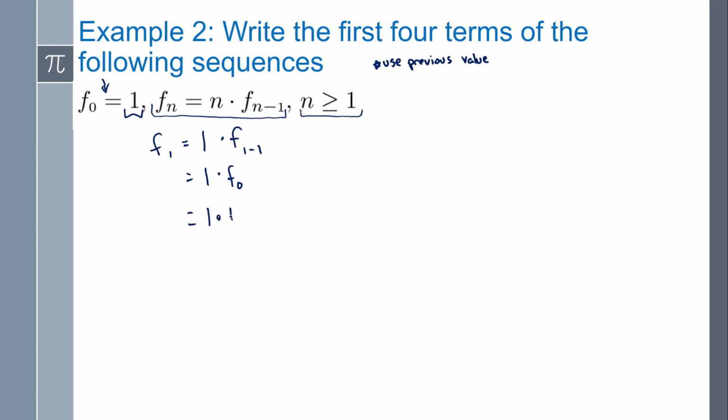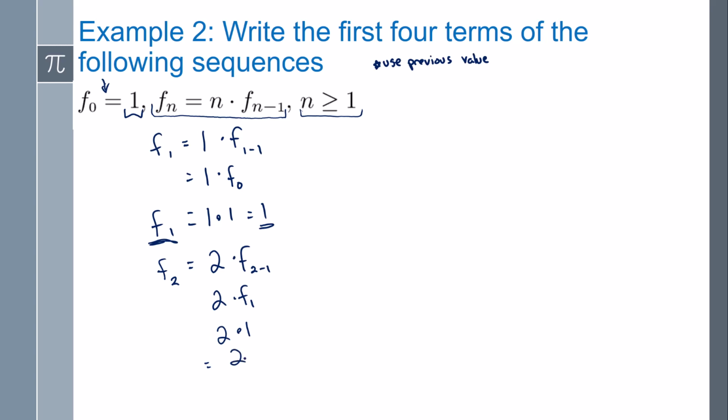Now my second term. So f of 1 equals 1. So now that's going to equal 2 times f of 2 minus 1. So 2 times f of 1. Well, what's f of 1? It's my previous term. So that's going to equal 2.